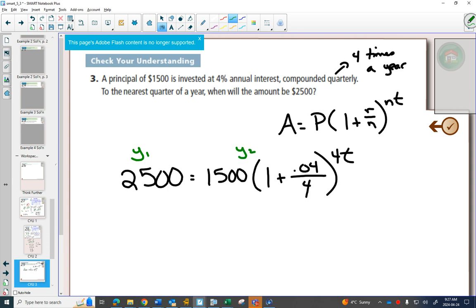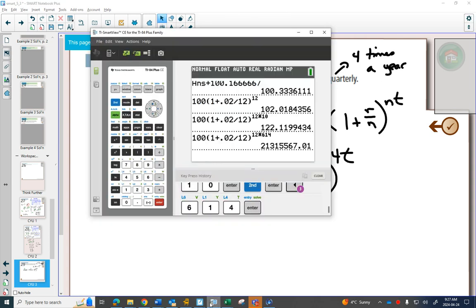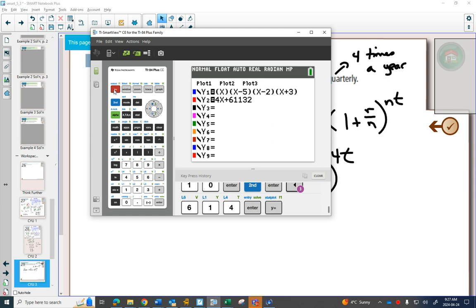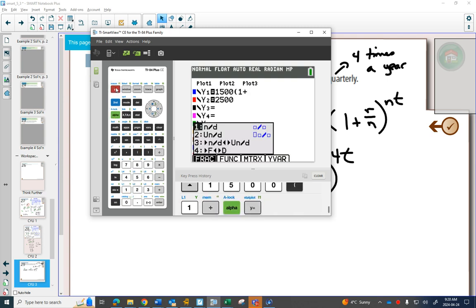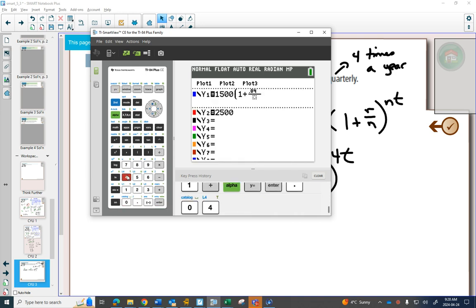So I'm going to create 2 equations. I'm going to create one equation where I type in the 2,500, and the other equation where I type in the 1,500 times (1 plus 0.04 divided by 12), close that bracket, to the exponent of 12, and I don't have a t, but I have an x.